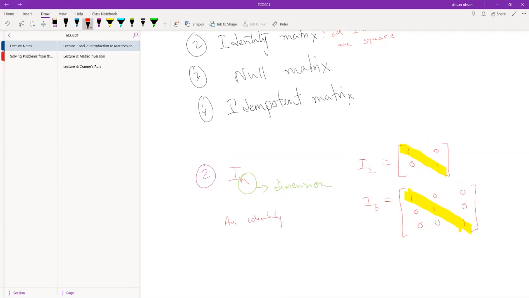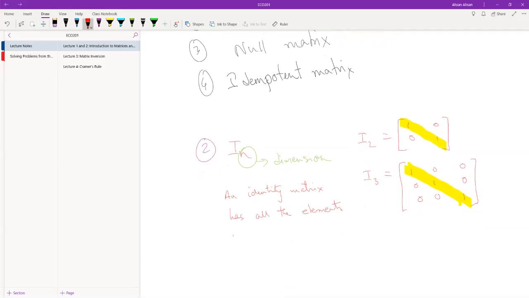An identity matrix has all the elements on its principal diagonal equal to 1.